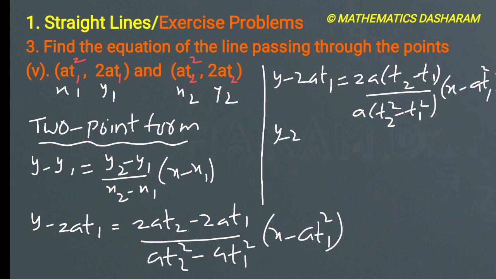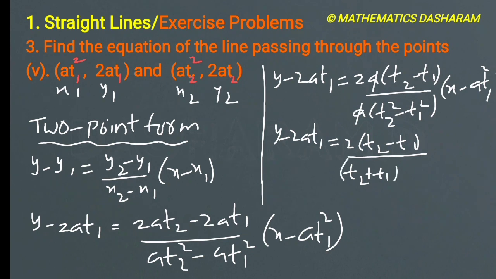Now y minus 2a t1 equals, here we can cancel the 2, bracket of t2 minus t1, divided by a square minus b square formula. So that is a plus b into a minus b.